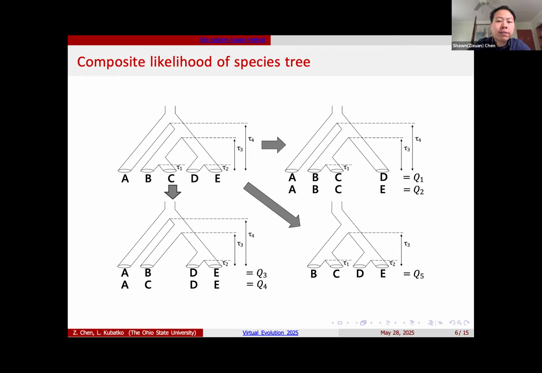For example, this 5 taxon tree can be broken down into 5 quartet subtrees by removing one species at a time. And then we can compute the likelihood of each quartet using the species quartet site pattern probabilities we introduced before. And the product of these 5 quartet likelihoods is the composite likelihood of the 5 taxon tree.